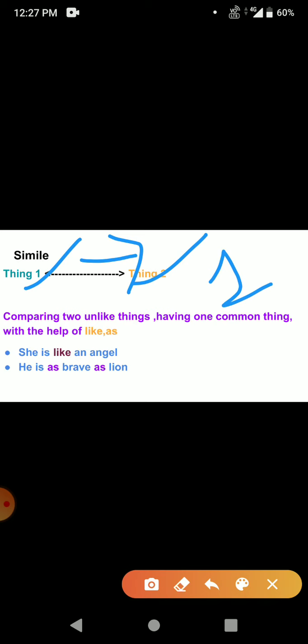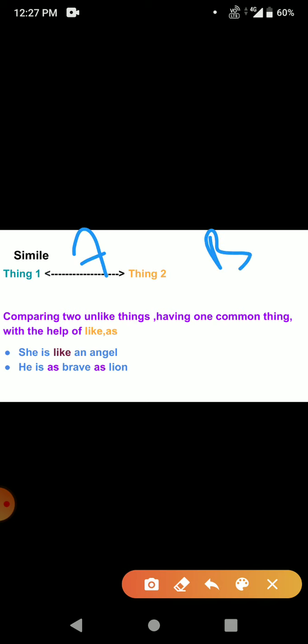So we have, for example, A and we have B. They are two different things, but they have something common between them. There is one thing common among them. So we make a comparison between two unlike things having one thing in common with the help of like, as, or so.